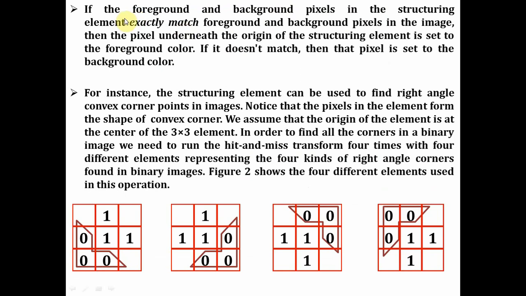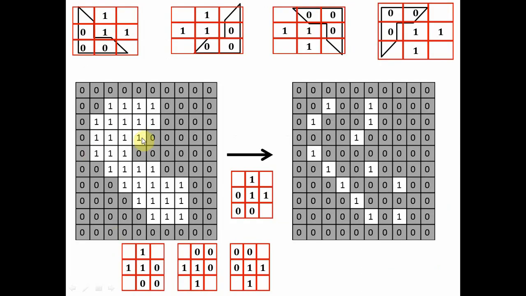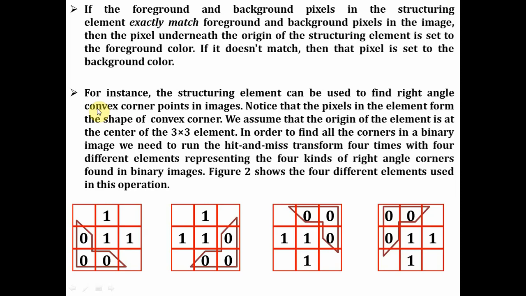It says if the foreground and background pixels in a structuring element exactly match foreground and background pixels in the input image, that is, you are considering the foreground pixels and background pixels of the structuring element, and you need to match the image so that 1 is matched with 1 and 0 is matched with 0. Now to match this we are going to consider the right angle convex.